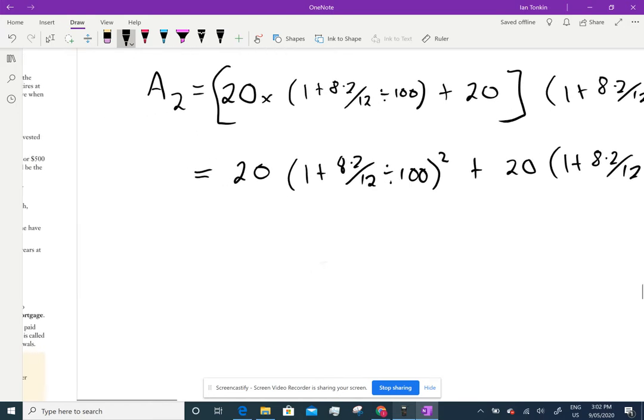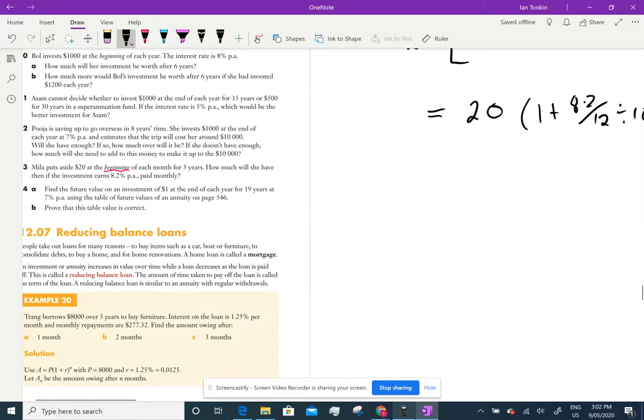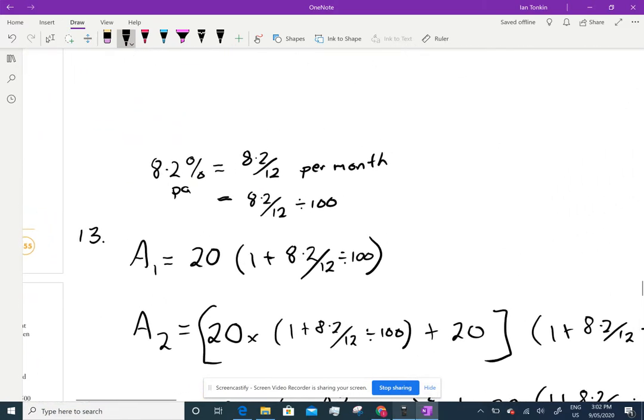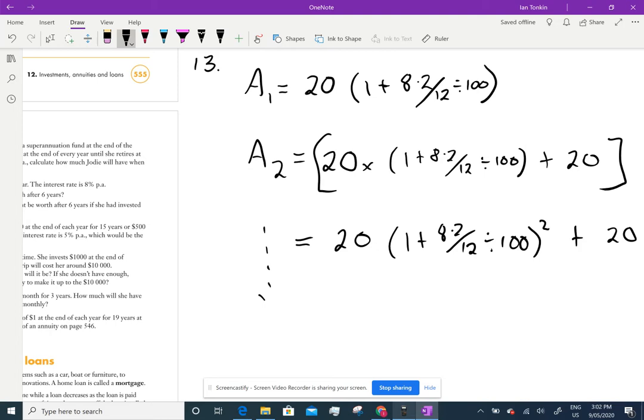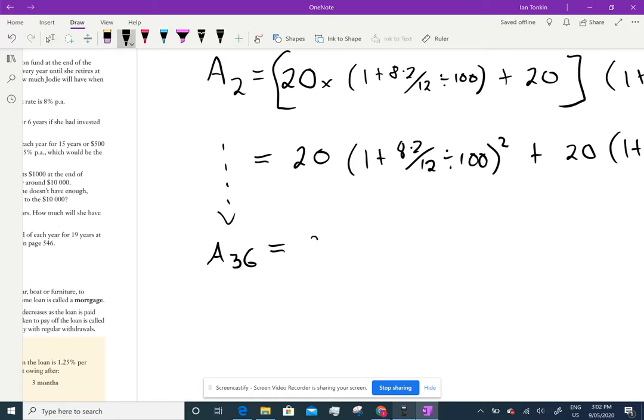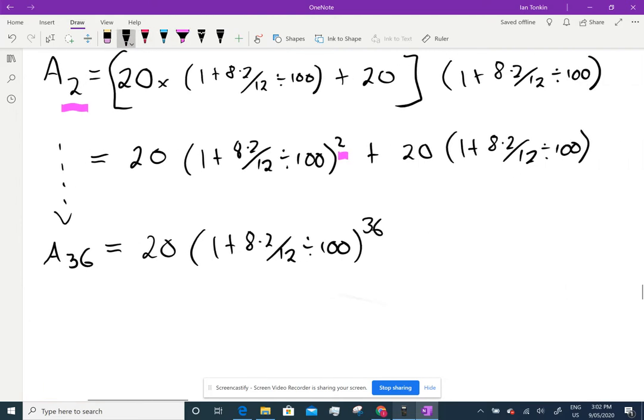And this is going to continue on until 3 years, 12 months. So 3 times 12, 36. So I need to go all the way down to A36. And what am I going to have? I'm going to have 20(1 plus 8.2 divided by 12 divided by 100) to the 36, because I've put it at the beginning, these two numbers are the same.